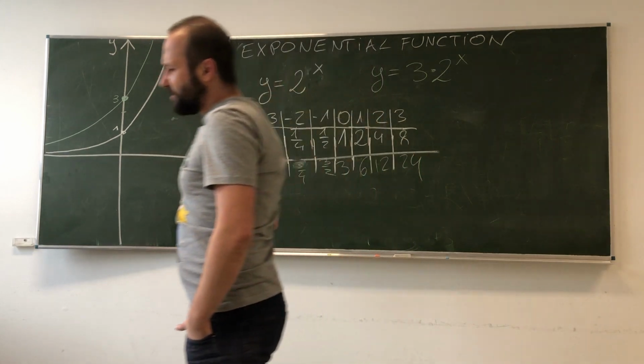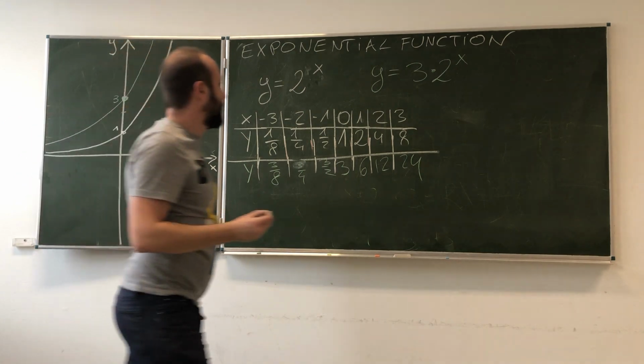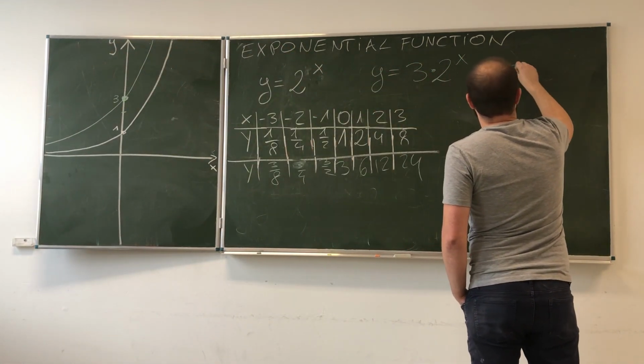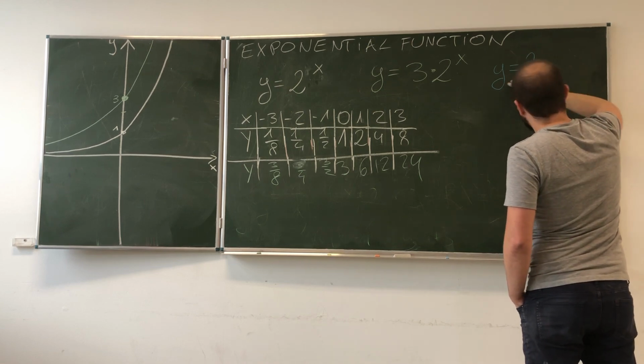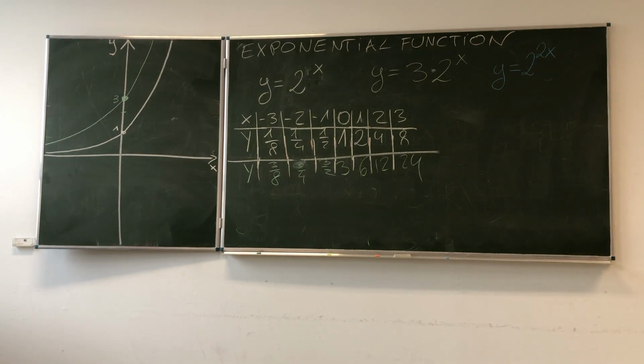Okay, so let's consider a different transformation right now. Let's just say that the transformation we want to try now is, what if I would have y equals 2 to the power 2x. Well, in this case, we can also transform it.